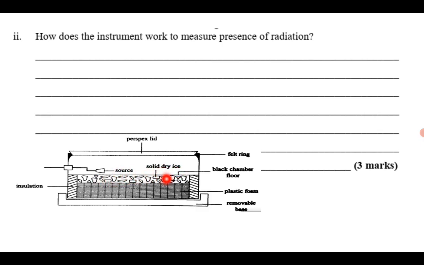It's very cold. Its use is to bring about a cold environment inside it. So this is what will happen. The dry ice cools the chamber, creates a very cold environment. This will make the alcohol vapor. There's also alcohol vapor in here.